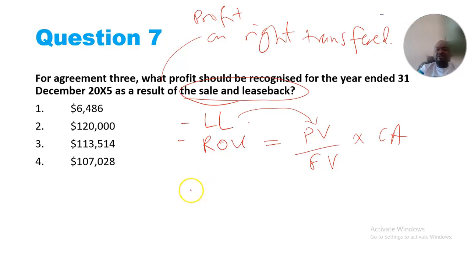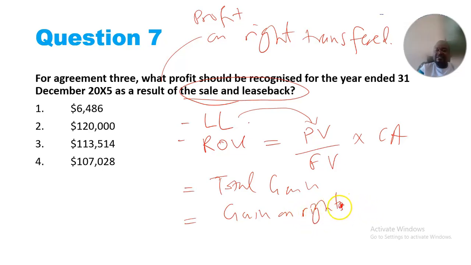Once we do that, we get the total gain. Then from there we get the gain on rights retained, the right of use retained. Then we move on to the gain we want, on rights transferred.